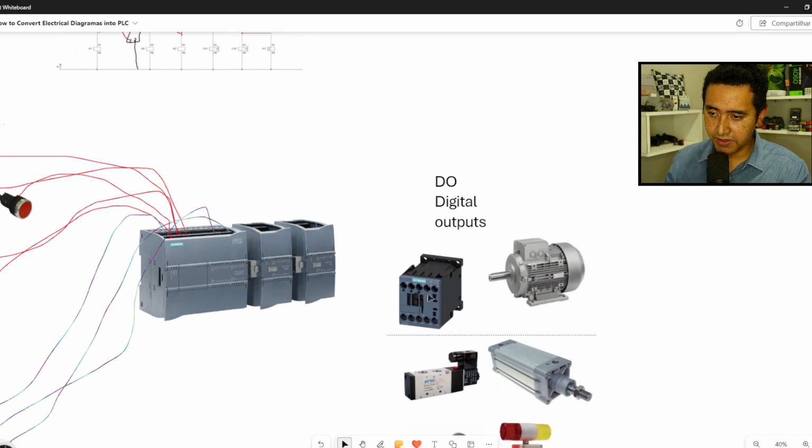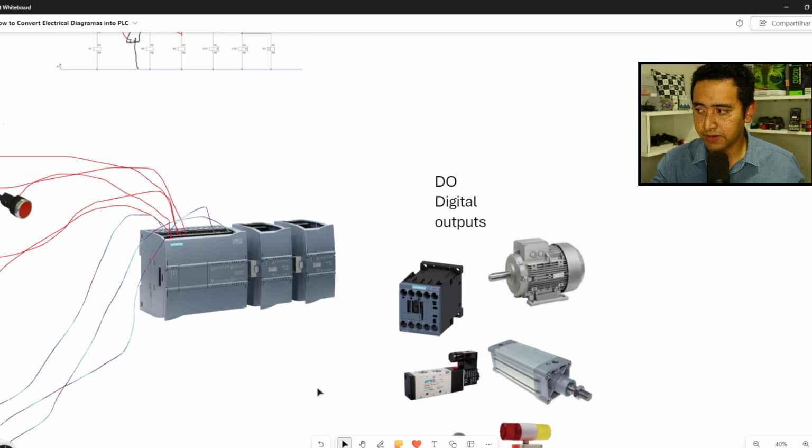I put here a contactor. My contactor can stay only in two states: either my contactor is pressed, it's turned on, or it's not pressed, it's turned off. My contactor does not have a position between turned on or turned off. Then it's a digital output.